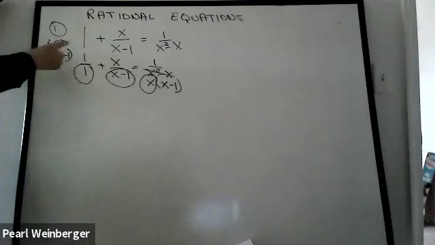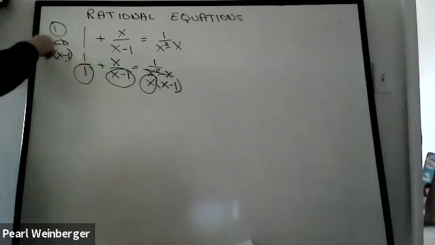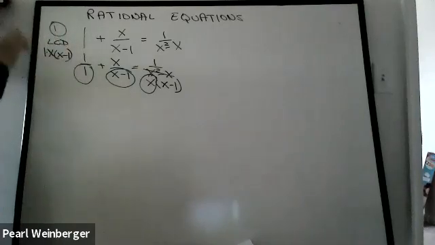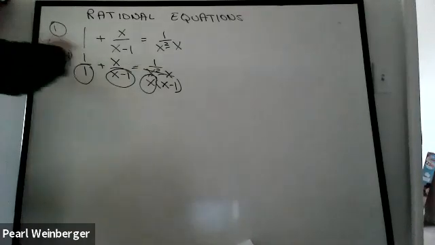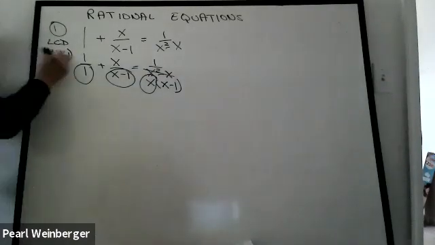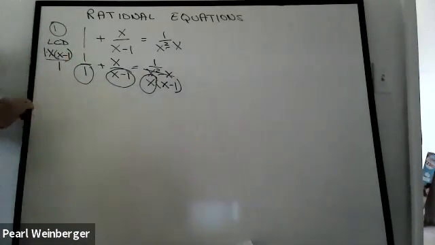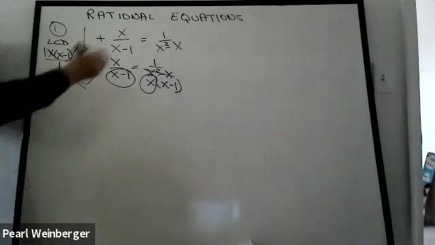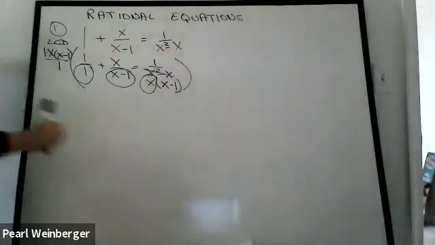Now, obviously, 1 times x is just x. I'm going to take this common denominator, put it over 1, and multiply everything by it. So here I'm putting it over 1, and I'm multiplying everything by it.